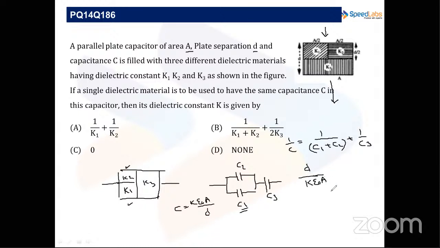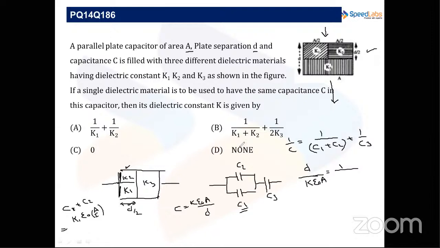Total distance is d, area is A, and equivalent K is K, so it equals 1 by, now C1 plus C2, I am taking out here on the side. So C1 plus C2, so that is C1, K1 epsilon naught A, the area of cross section is A by 2 for K1 and K2 each, C1 and C2 each, but distance is also half, d by 2, right?